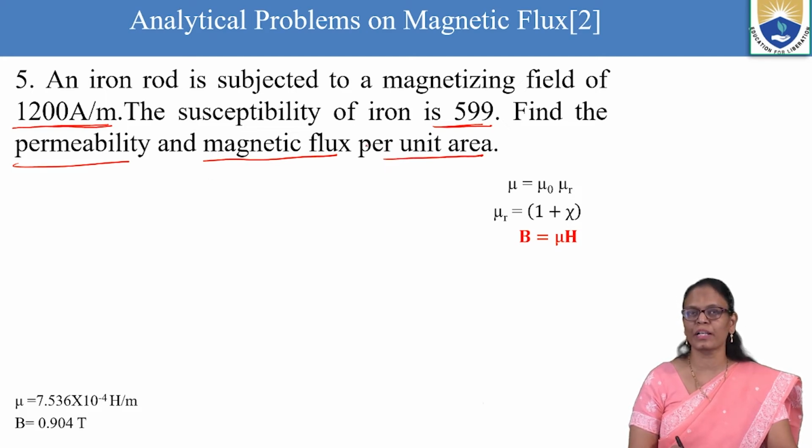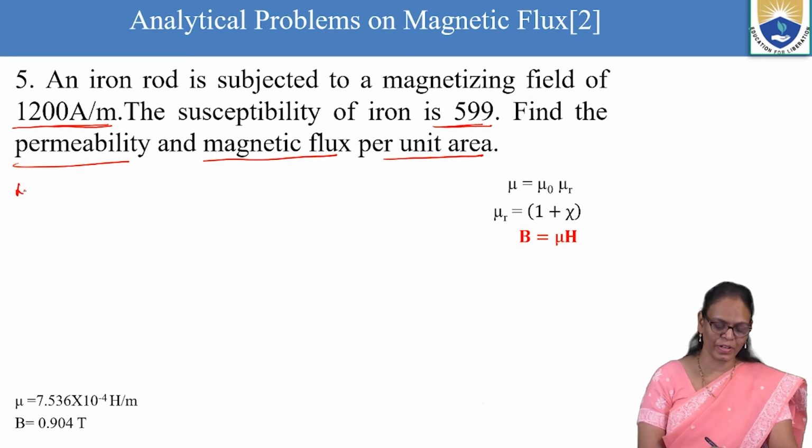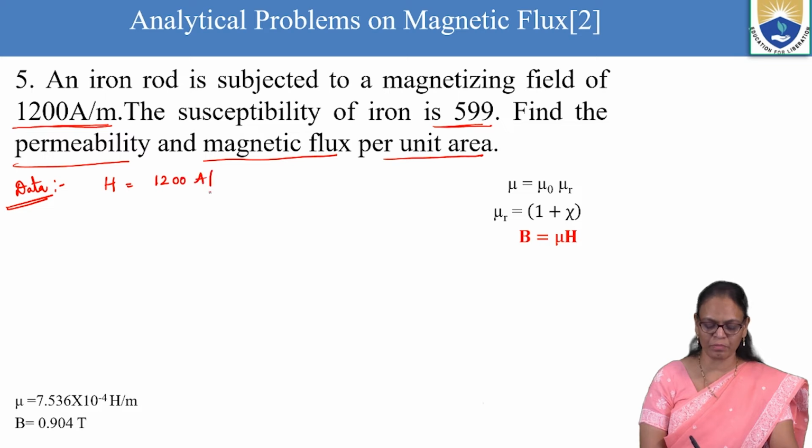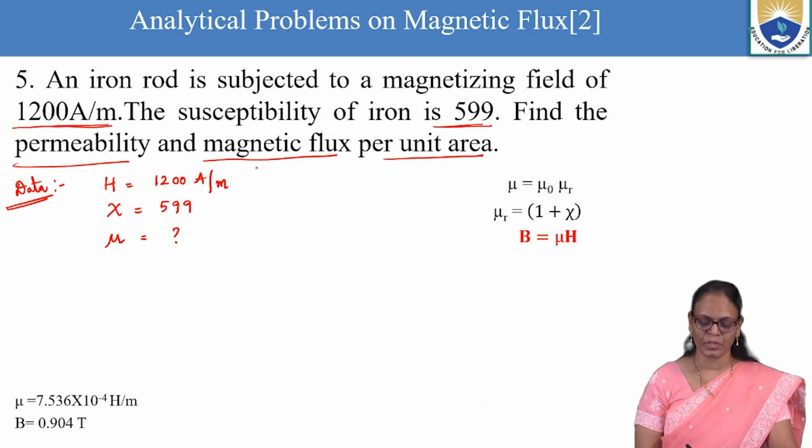Magnetic flux per unit area is nothing but the magnetic induction. So we'll write the data first. Magnetizing field H is given as 1200 ampere per meter. Chi is also given, 599. We have to find first mu and then we have to find B.